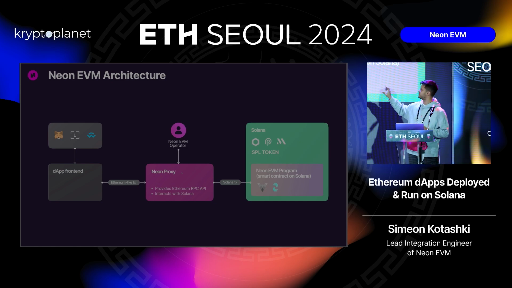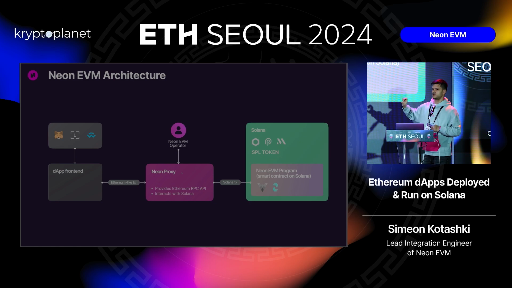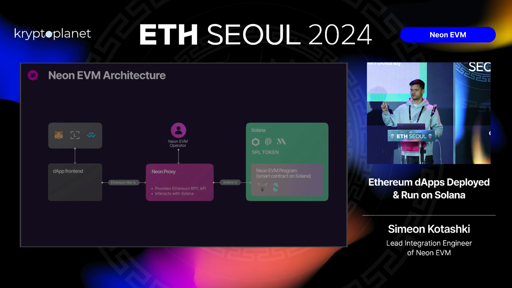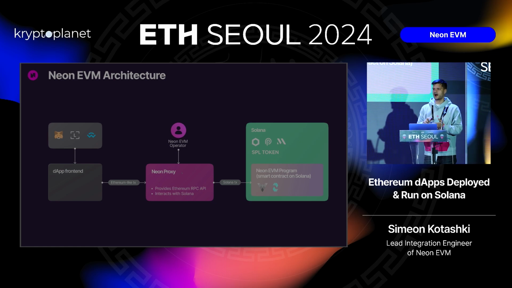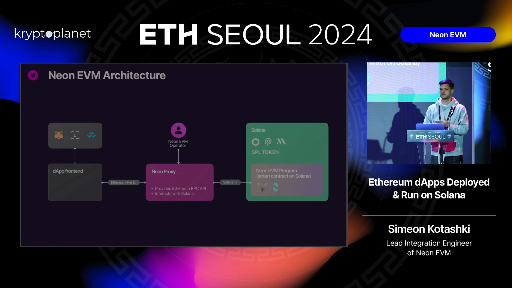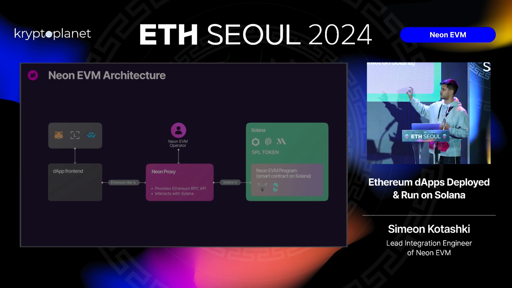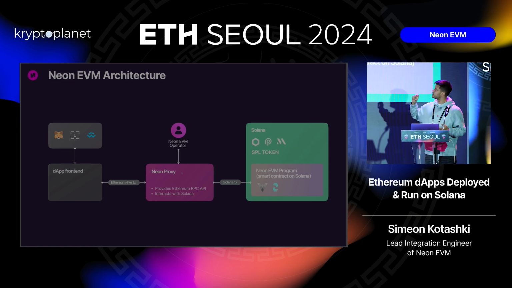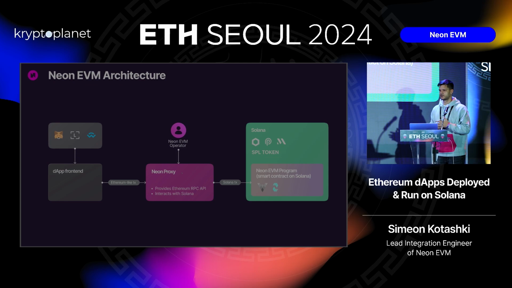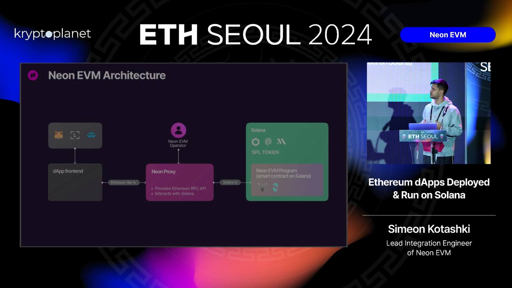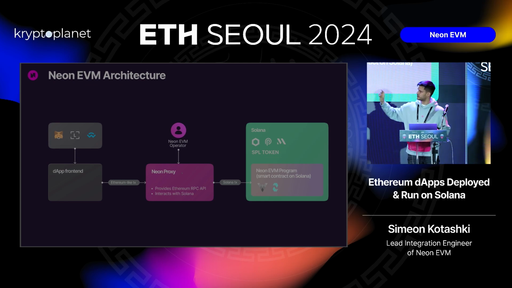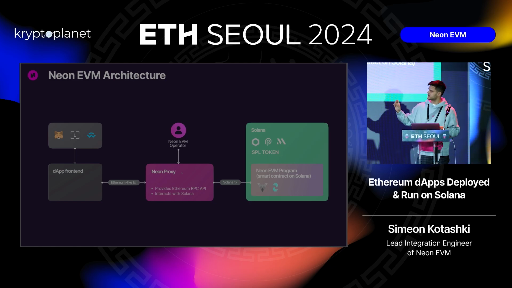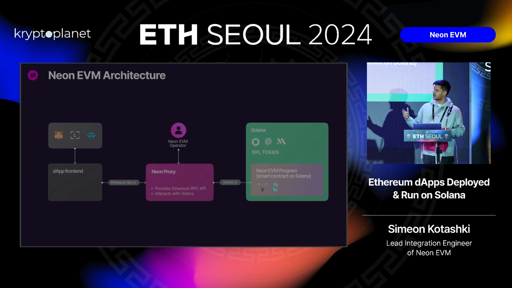If we only have the Neon EVM program, users and builders won't be able to use their, let's say, Hardhat, Foundry, MetaMask in order to interact with this smart contract. Why is that? It's because Solana has a completely different RPC and a completely different transaction composition. So we also have our Neon proxy, which basically provides Ethereum-like RPC.